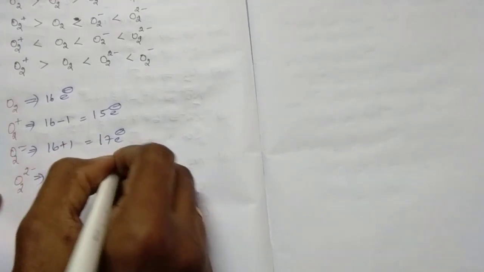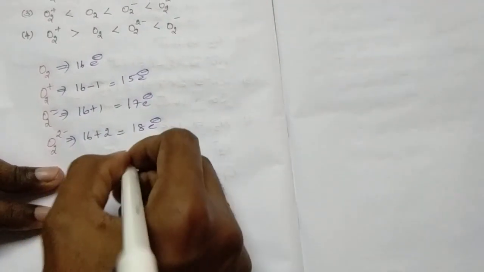For oxygen, 16 electrons. For O2 plus, 16 minus 1, so 15 electrons. O2 minus, 16 plus 1 electron, so 17 electrons. For O2 2 minus, 16 plus 2, 18 electrons.